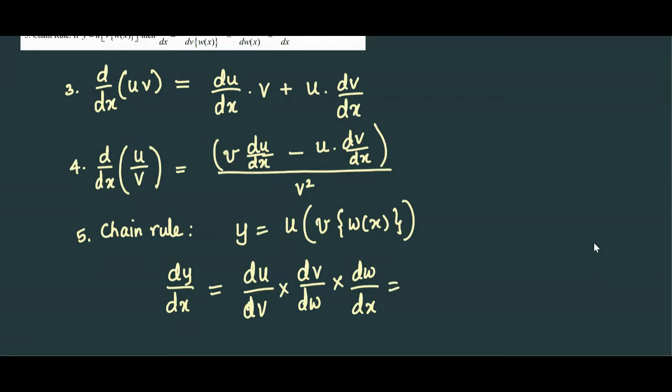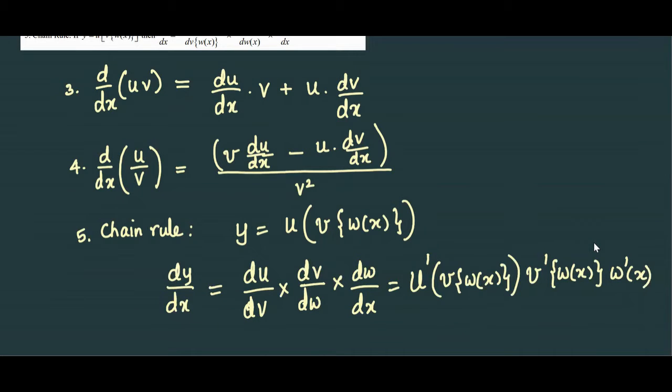In other words, we write this as u dash of v of w of x times v dash of w of x into w dash x. This is the chain rule of differentiation.